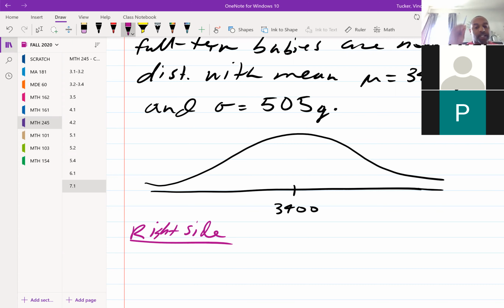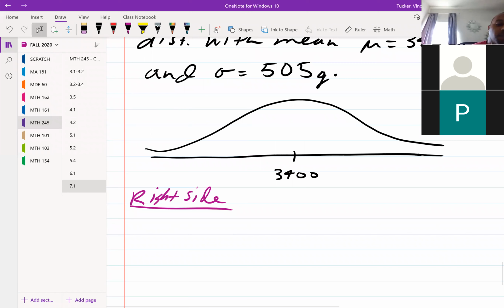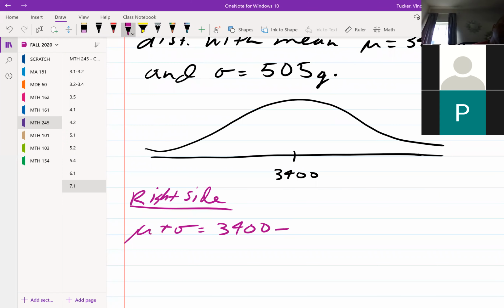So when we look at the right side of the mean, going to add a standard deviation. Add 2 standard deviations.